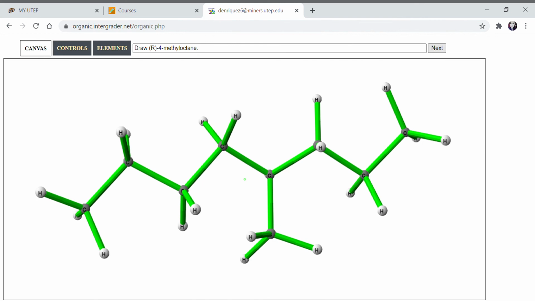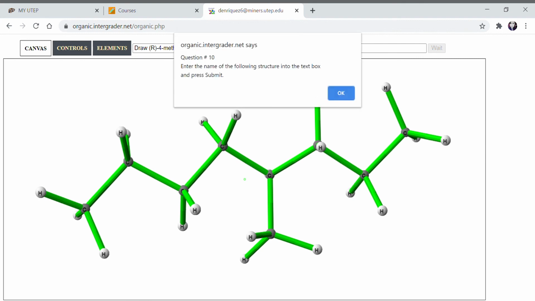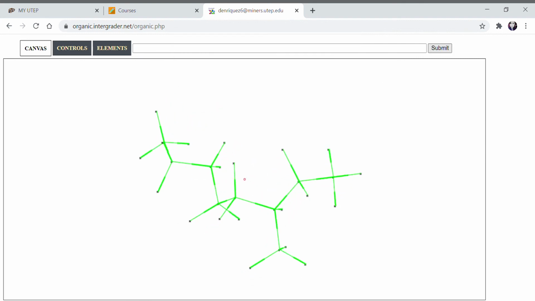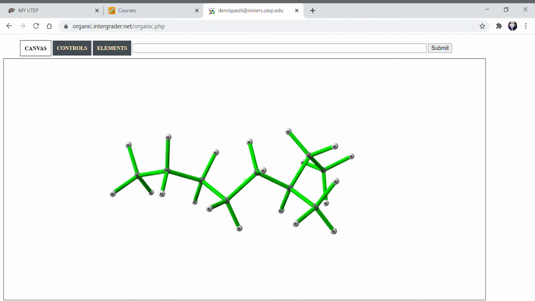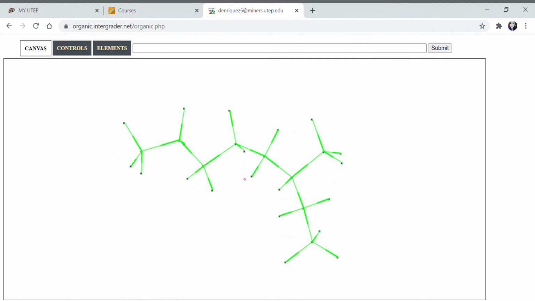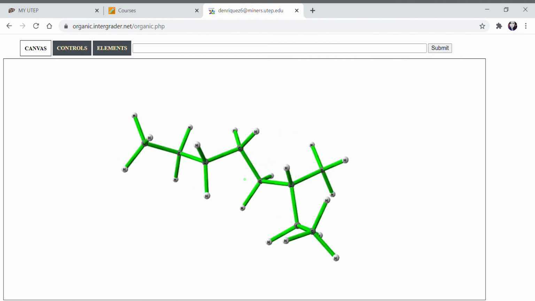All right. One last one. I'm looking for the chiral center, the one that's different. I see all these hydrogens coupled up to carbons.